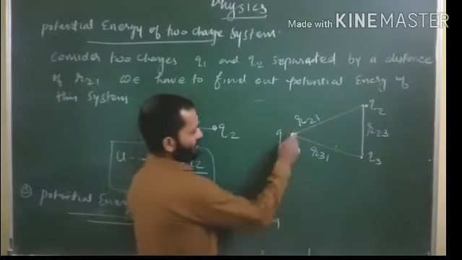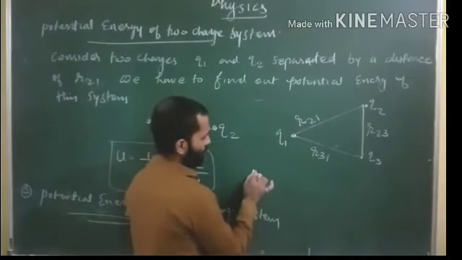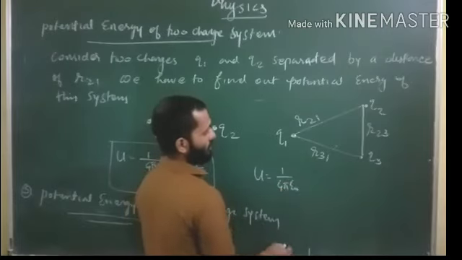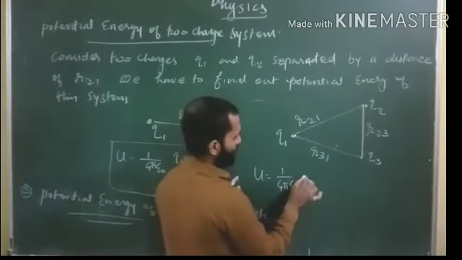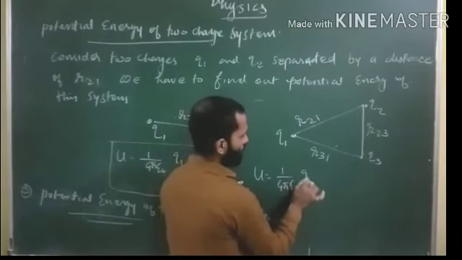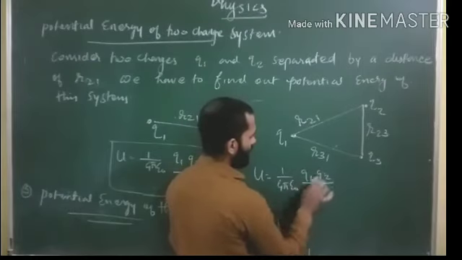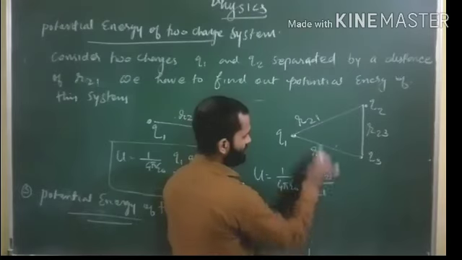Now see here, the potential energy U will be equal to 1 by 4 pi epsilon naught. First, in between these two we can take the potential energy equal to Q1 Q2 divided by R21, this distance.